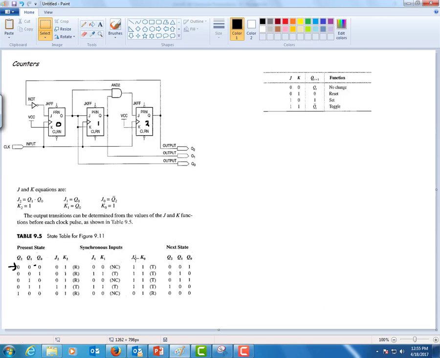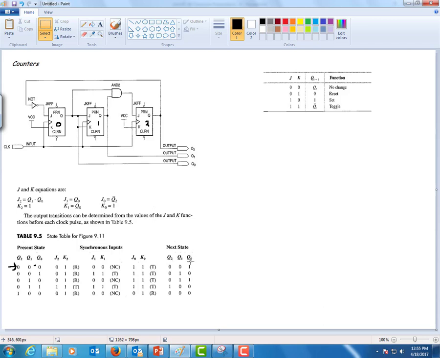Finally, we have J0 and K0 here. And if we have this in the toggle state, which it is, it's going to change the value that was there. So if we look at Q0, that's equal to 0. Q0 has a 0 output. And if we're going to toggle it, it's going to become a 1. So this is your next state.